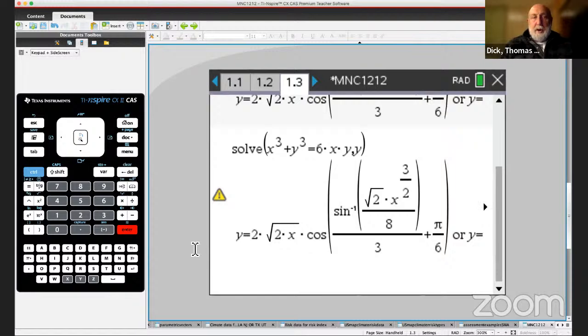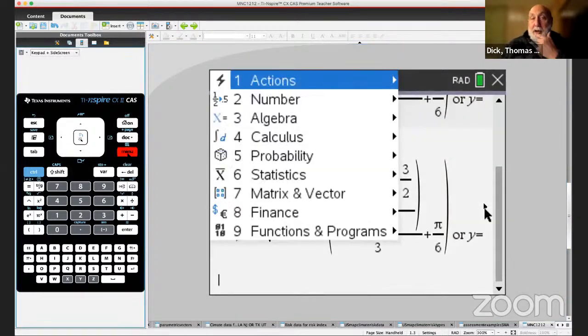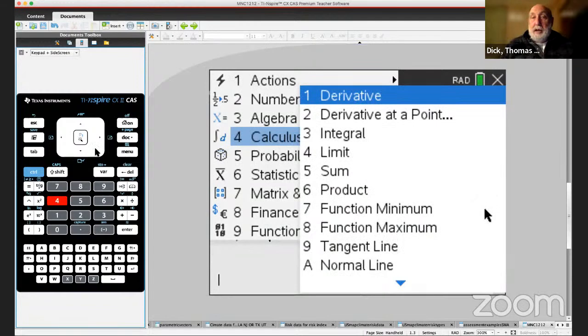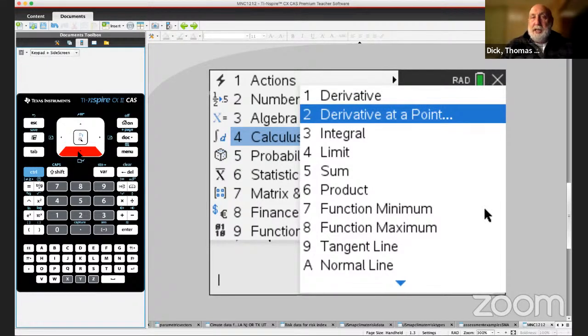Well, the other thing I was going to show is how you can do it. If you do have a CAS on board, you can do an implicit derivative symbolically. So I'm going to go to the calculus menu here, and I don't see implicit differentiation right off the bat, but let's just keep scrolling down.